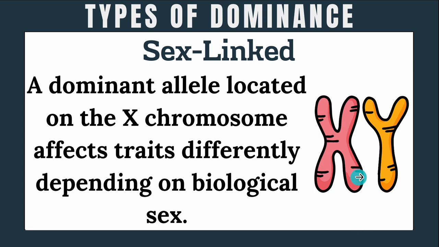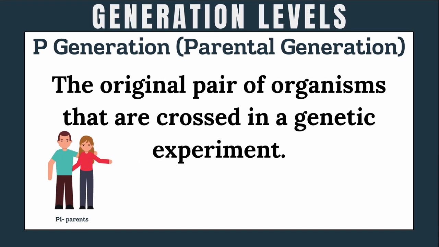So if you have a dominant allele that is located on the X chromosome, you're going to have it expressed, especially when it's an XY. If it's female and it's XX, then you might have it on one side and not on the other, and it won't be expressed. We're going to talk about each one of these in more depth in upcoming lessons, so don't worry about it too much right now. Just know that there are different types.